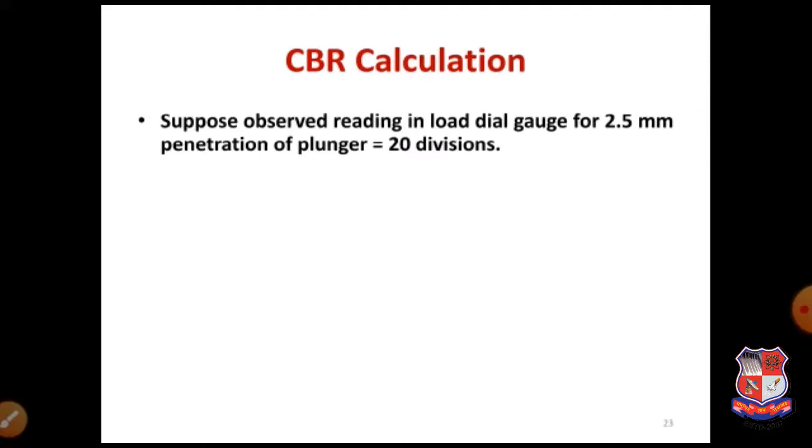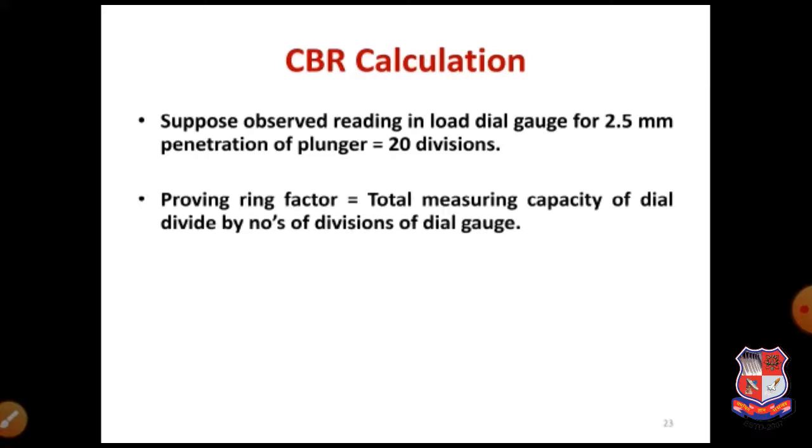CBR calculation. Suppose the observed reading in the load dial gauge for 2.5 mm penetration of the plunger is 20 divisions in the proving ring. The proving ring factor is the total measuring capacity of the proving ring dial gauge divided by the number of divisions of the dial gauge.